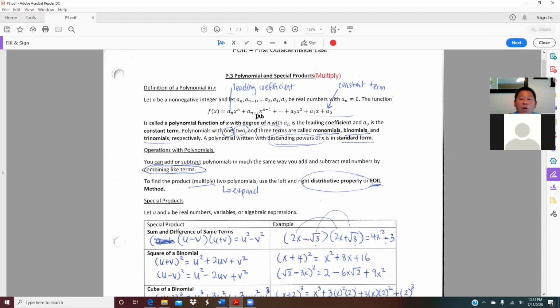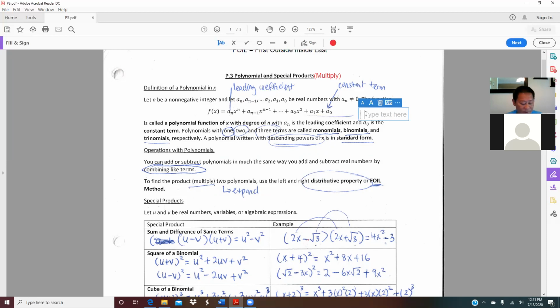This is called a polynomial with a degree of n. We say this is degree n because n is the highest power you can get. The numbers, like a sub n minus 1, are called coefficients. The one in the front is called the leading coefficient, and the one at the very back, which doesn't have any x, we call the constant term.